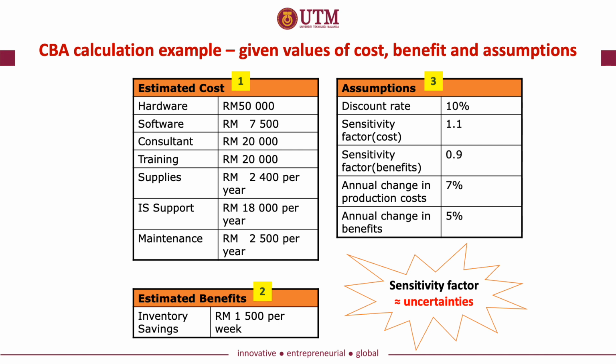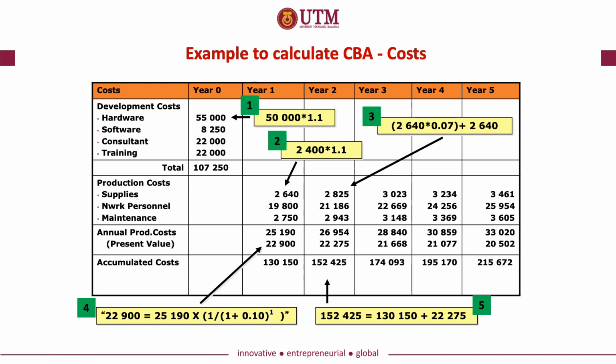The CBA result using the PVA helps the system analyst to estimate whether the costs spent are worth it and return some value of estimated benefits for a proposed project in a certain period or duration of time. In this slide, the table shows the CBA calculation for the estimated cost based on the given assumptions in the previous slide. In this example, we try to calculate the accumulated cost for a 5 year project duration.